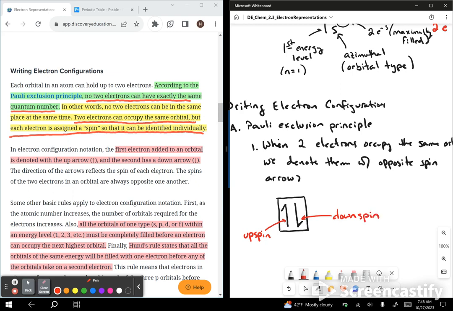And Hund's rule or principle said that when you fill these boxes, you first fill each box with 1 up spin, and after you've filled each section with 1 up spin, then you're allowed to fill the second one with the other half spin.